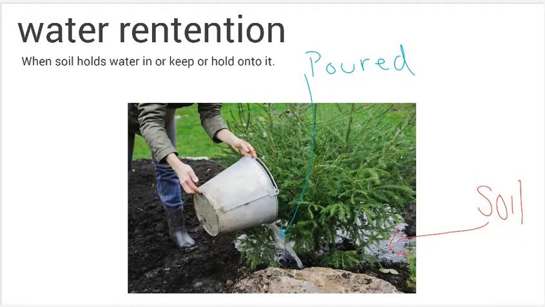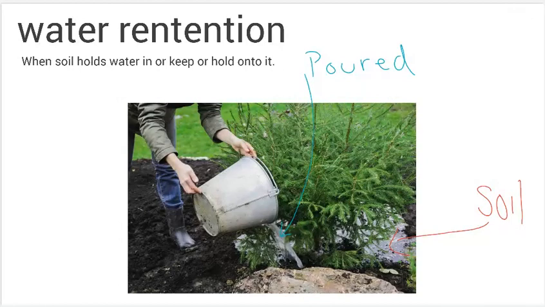Now, why is this important? Well, when we talk about the ability to maintain water, if the soil can hold in a lot of water, it's able to give nutrients to the plant. The plant, to survive and thrive, needs a lot of things. It needs access to light for photosynthesis, and it also needs nutrient-rich soil.